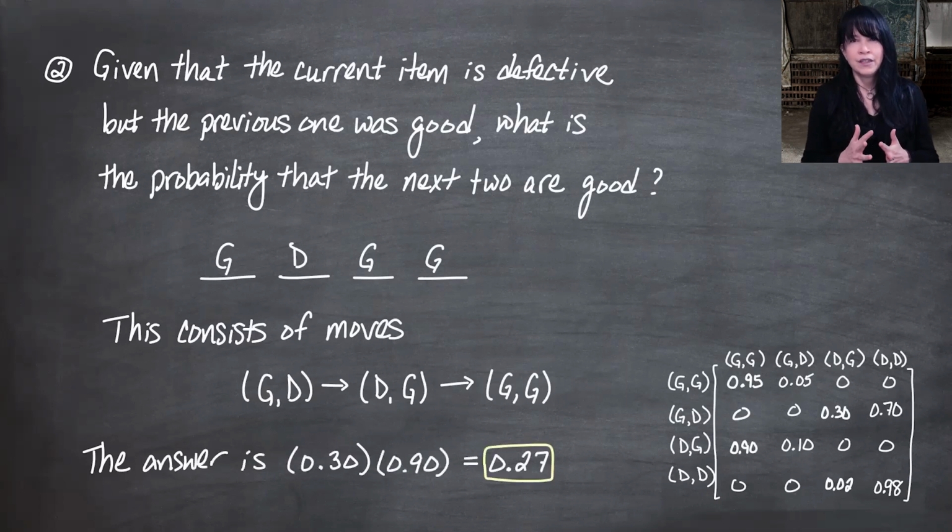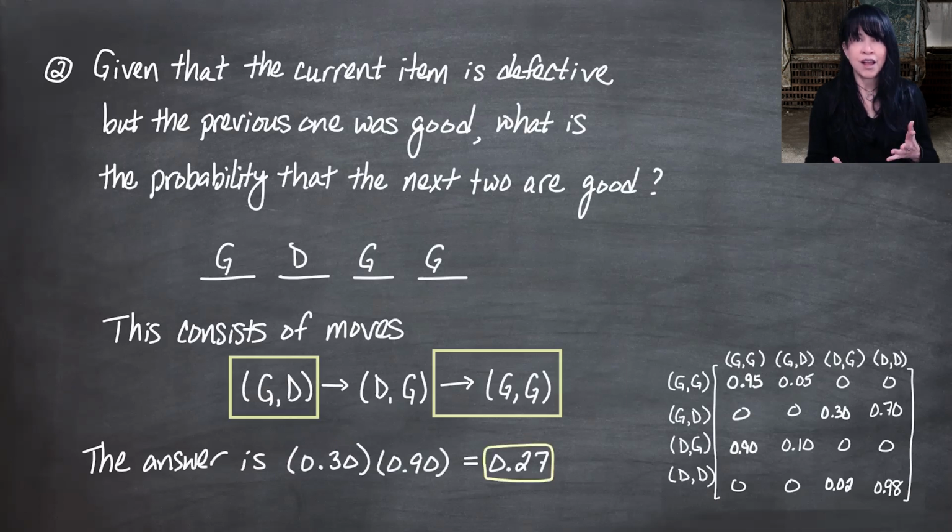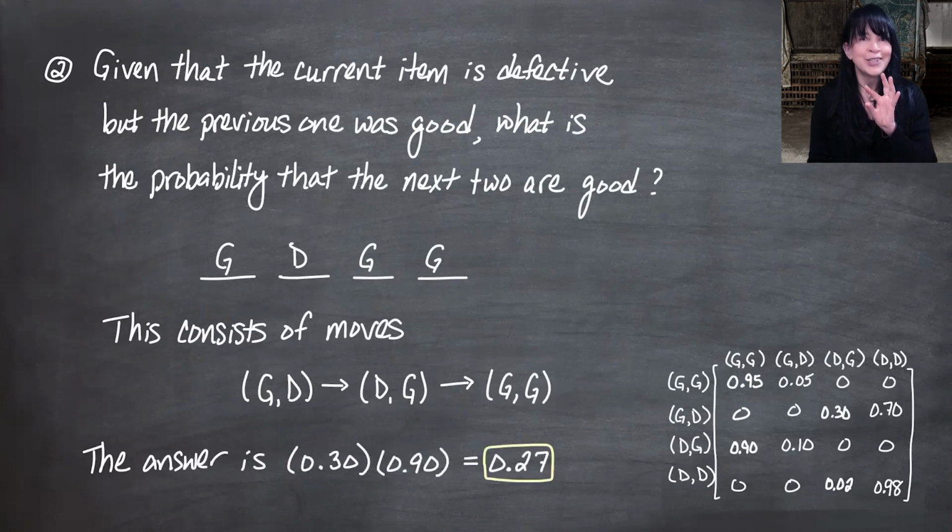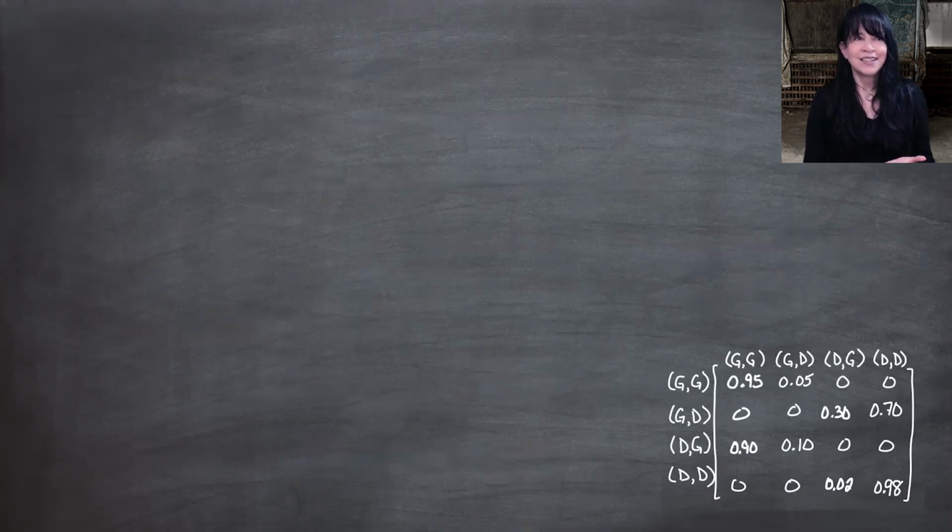So I would not square this matrix and grab this to this because if you do that, you are not taking into account where you need to be in the middle. It's just that in this example, there's only one place you could be in the middle, so it happens to work.